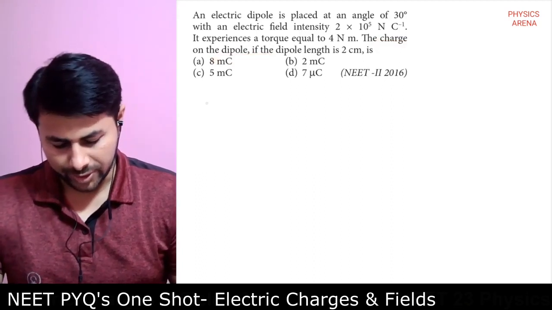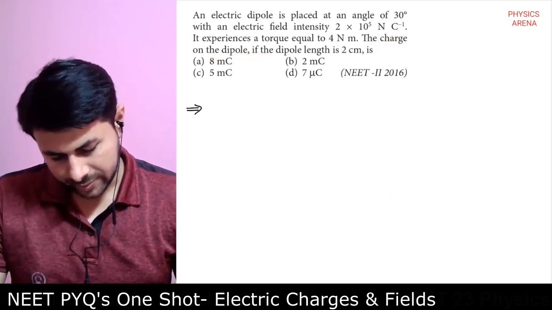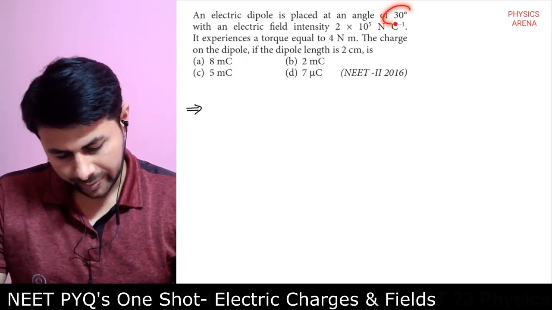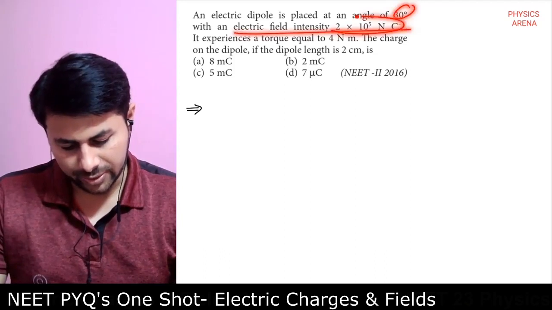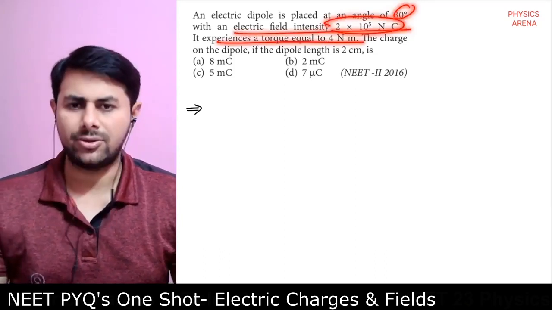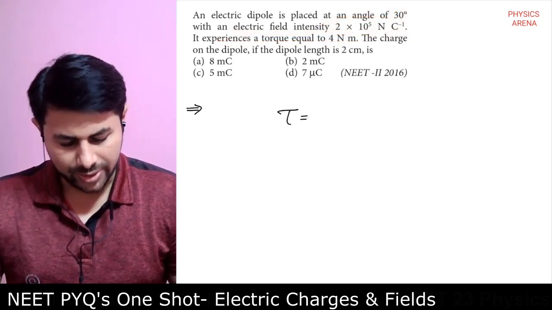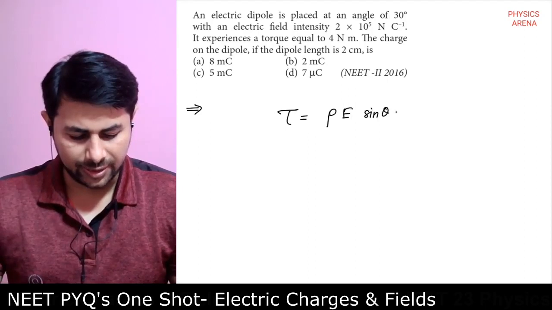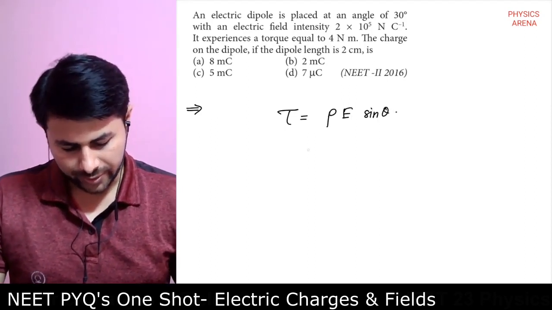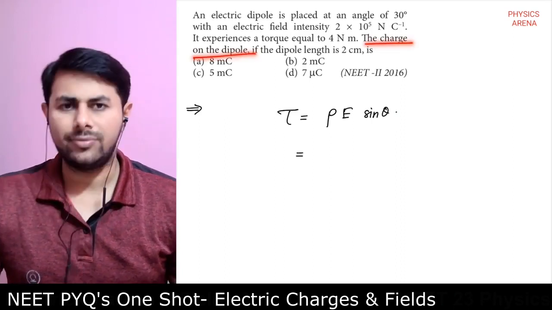This is a very simple question, right? Because we are given that the dipole is kept at an angle of 30 degrees with the electric field. So this is the electric field and it experiences torque. So everything is given. So we know tau is equal to PE multiplied by sine theta. And we want to find the charge on the dipole.